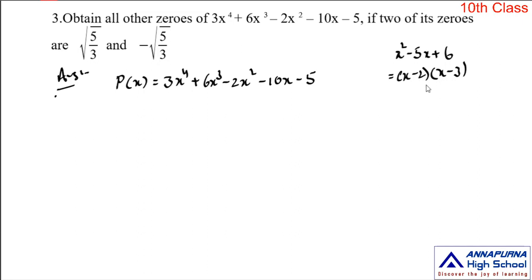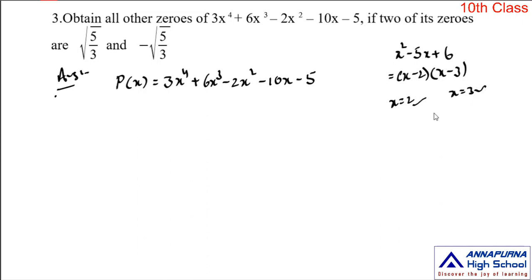From these linear factors, how to find the zeros? It is very simple. In these two factors, x - 2 is a linear factor. At which x value is this linear factor equal to 0? At x = 2. So 2 is one zero of this quadratic polynomial. Second linear factor is x - 3, which is 0 at x = 3.